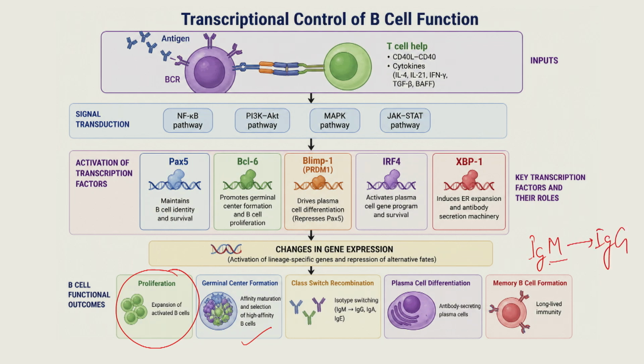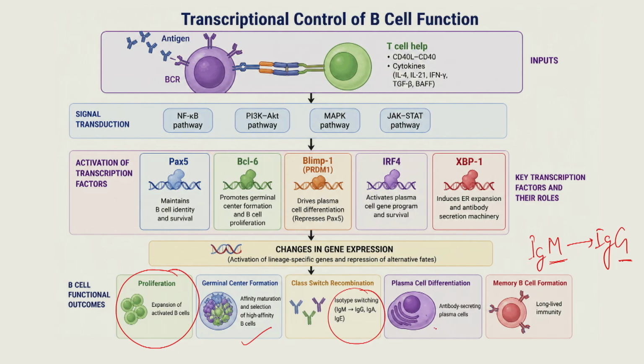That means a mu chain can change into a gamma chain. And therefore, this class switching phenomenon is also very important when it comes to B cell regulation in terms of transcription control. Because these are the sites, this is the factory where B cells are produced or manufactured.